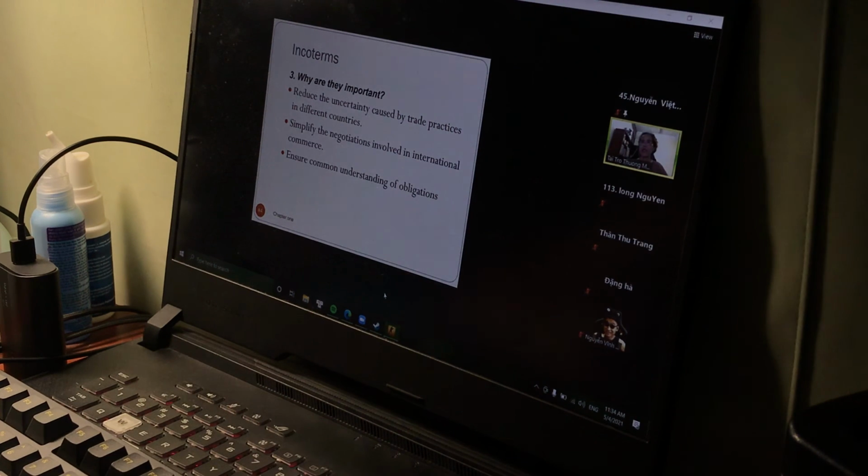So 20 minutes is the maximum for each group: 10 minutes for presentation and 10 minutes to listen to and answer questions. But we don't care about how many pages you prepare. Is that okay? Yes. Is that clear?